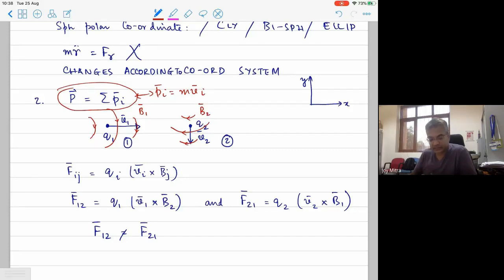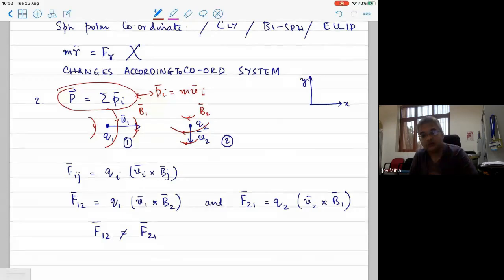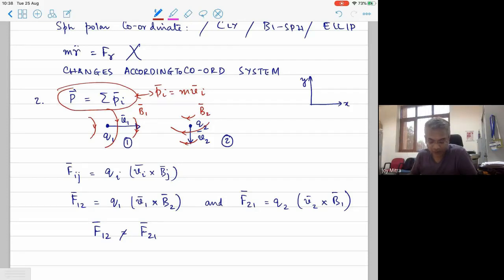And if you look at this Lorentz force term, we easily realize that these forces are not equal and opposite to each other. And I left it as homework to you to figure out what are the values of the two forces, and hopefully you have done that. So in this case, we see that apparently Newton's third law is being violated. That the one force is not equal and opposite to the other force.